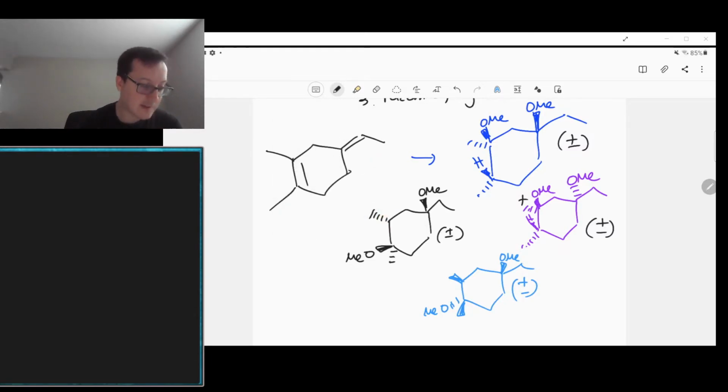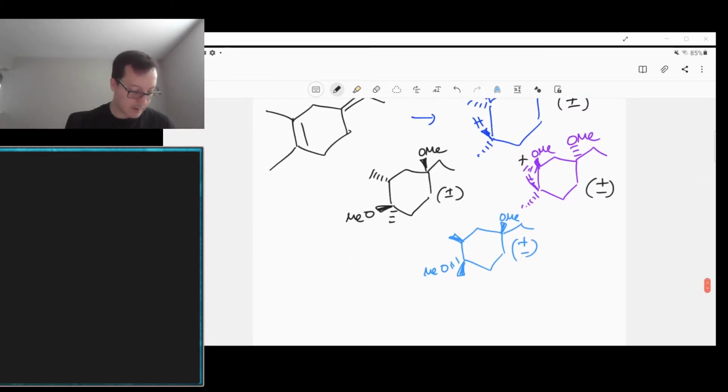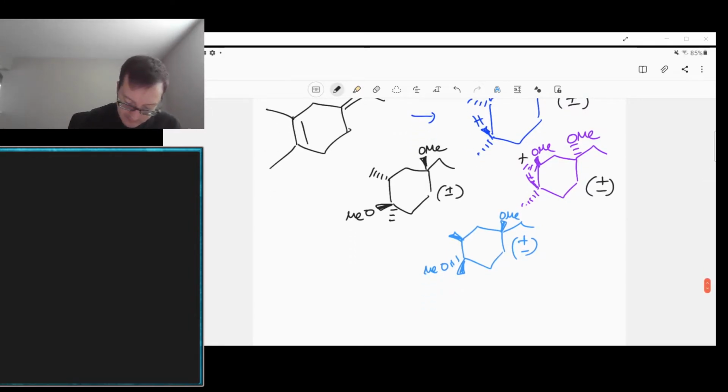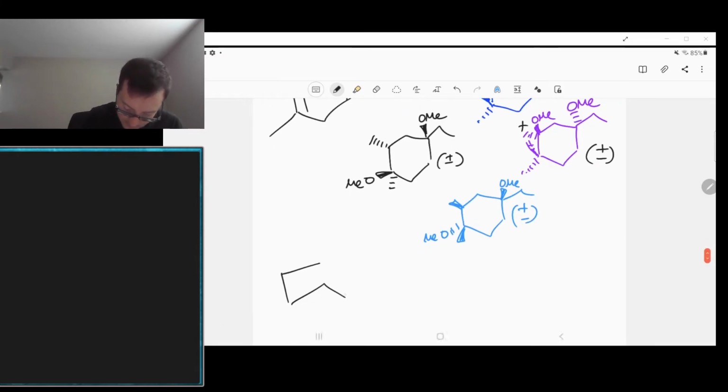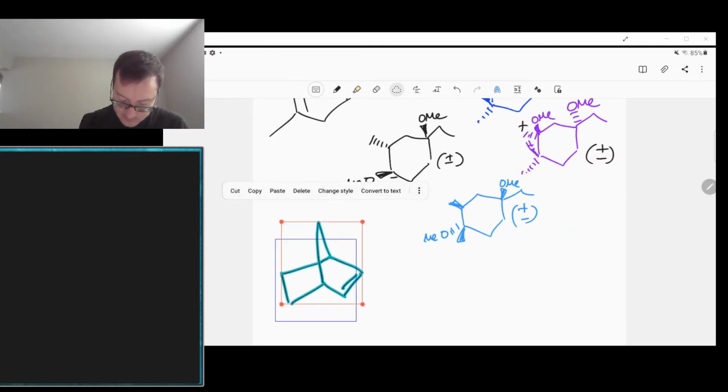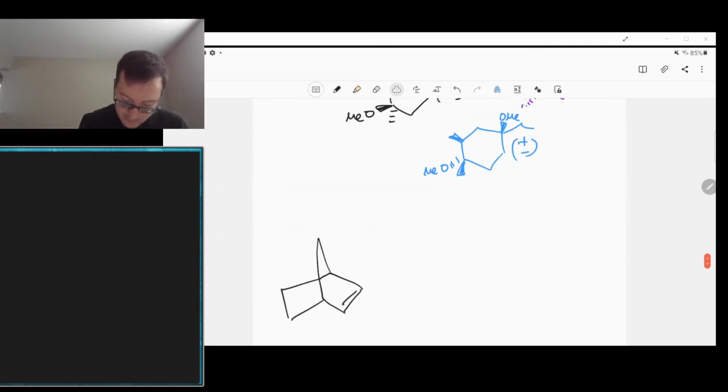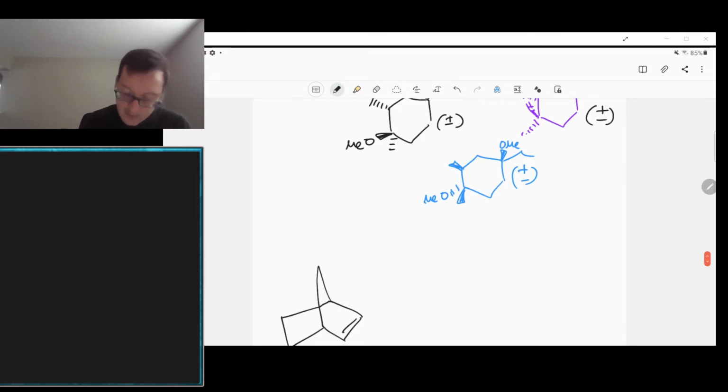All right, and of course it can be simpler. You can do a simpler one. Say we have our favorite bicyclic system from before. Here it is. Let's now do another set of reagents. What shall we do?